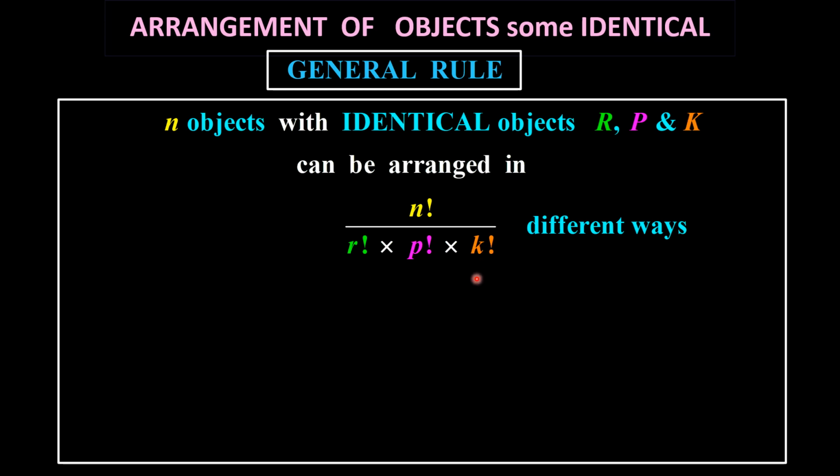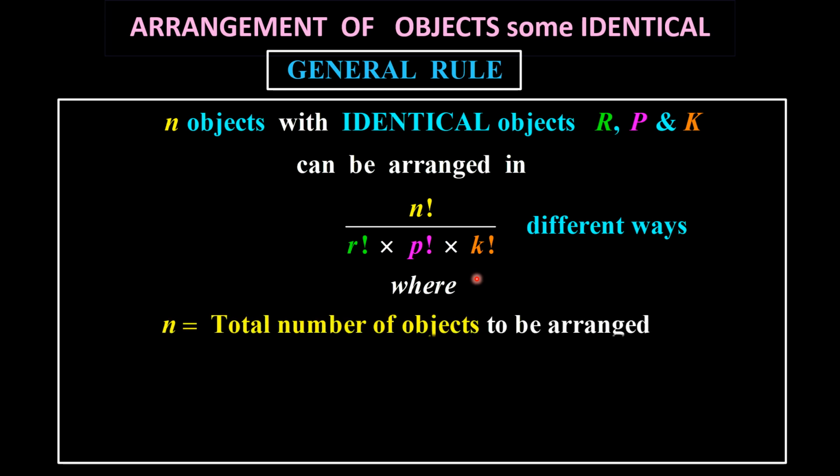Let me just explain the lowercase letters here. The n is quite clear. N is the number of objects that you want to arrange, right? Then this small r is the number of objects of capital R. So let's say there are 5 identical objects R, then this will be 5 factorial.